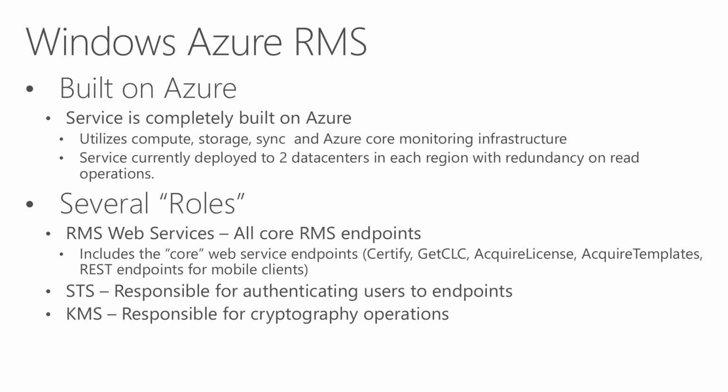As Azure RMS, from the name we know, it's based on Azure. So this change from on-premise to Azure has also made some significant change in terms of how the client can talk to Azure RMS.